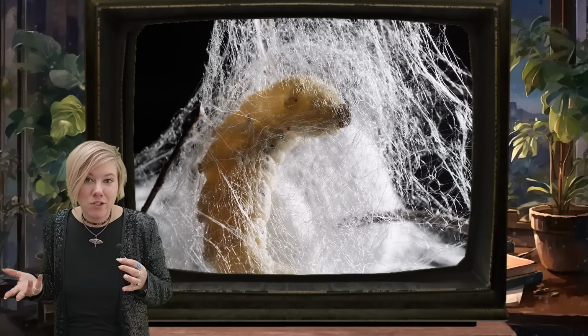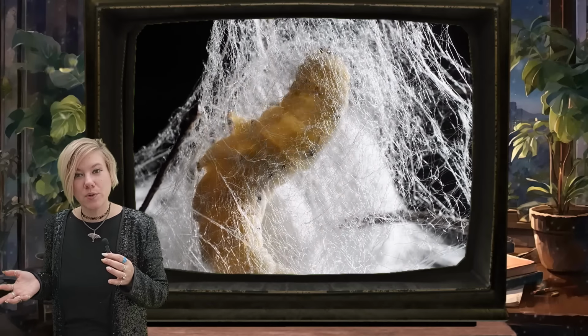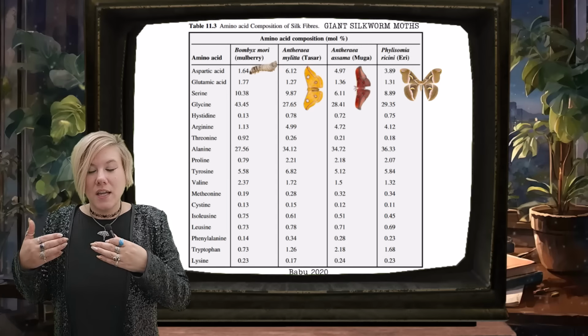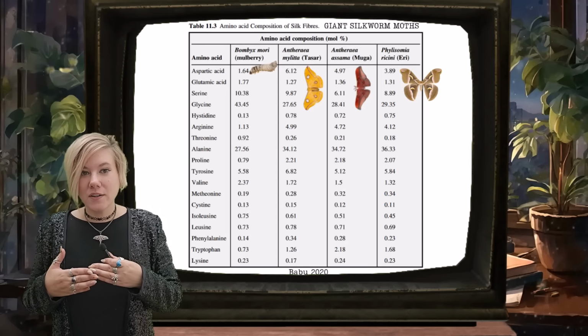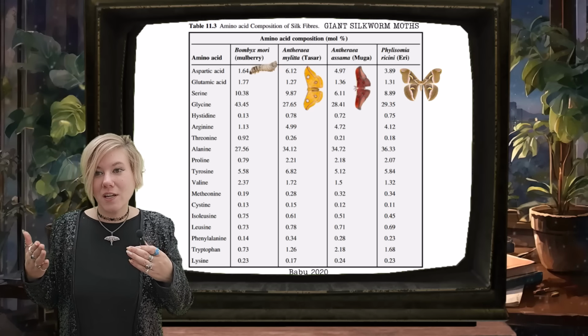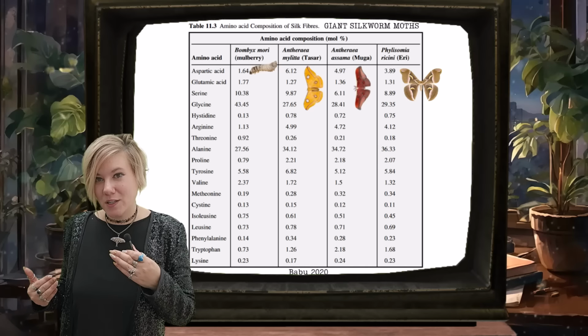Instead of just looking at the sequence of amino acids, or essentially the code that makes up these proteins, we can also look at their molecular weight. So we can see how much of the silk is comprised of each of these different building blocks. Each amino acid is like a building block. So in some silk, you might find that we use 25% of one building block, but only 1% of another.